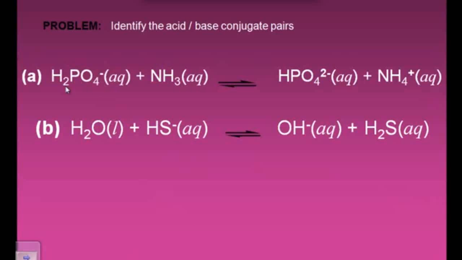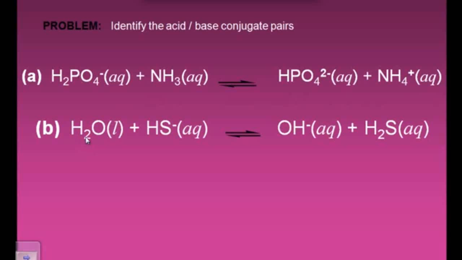Okay, so if I look at this, again, I've got an H2 here and an H here, which means this is acting as the acid. Once it loses its H, it becomes its conjugate base. NH3 picks up the H plus to become the ammonium ion, so this is acting as a base. Once it gets here, though, it's now acting as an acid because it can donate the H plus and become an H3.